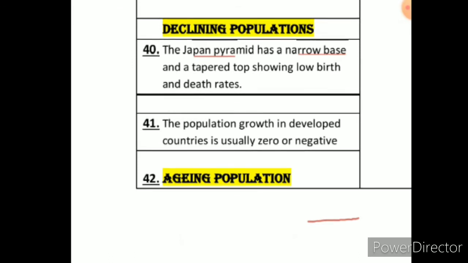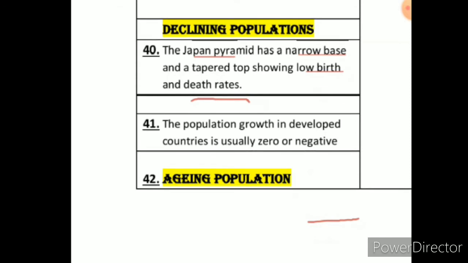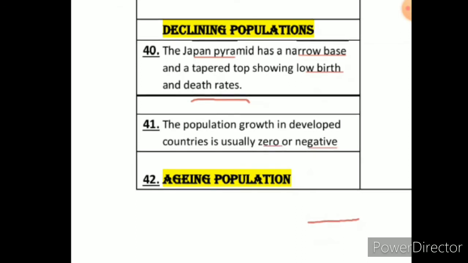That shows birth rate is less, death rates are more, right? तो population growth basically in developed countries, अगर हम population growth देखें developed countries में, basically it is zero or negative. ना तो population बढ़ती है ना घटती है, almost it remains constant.